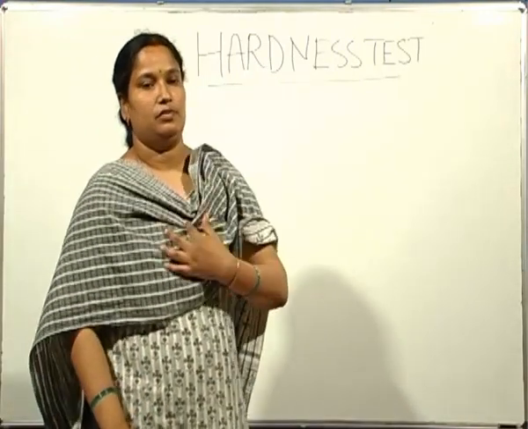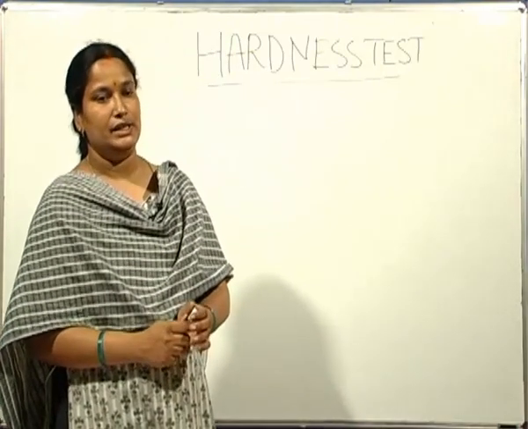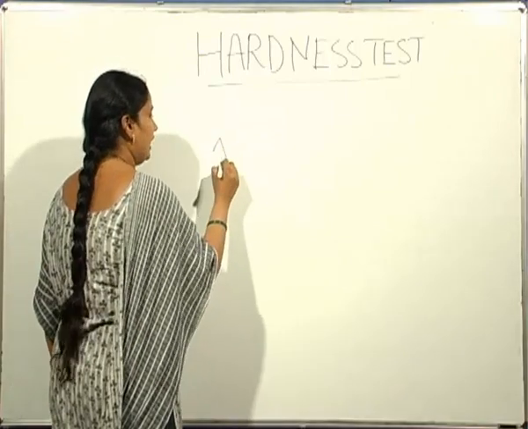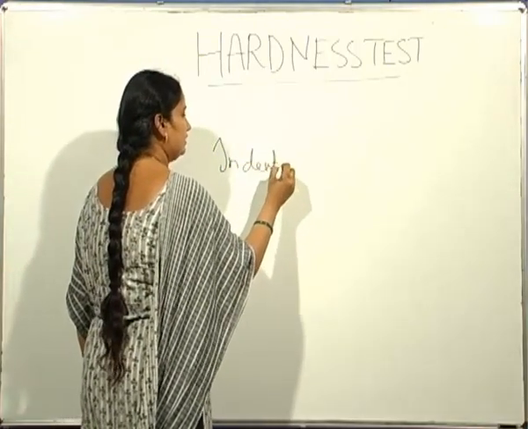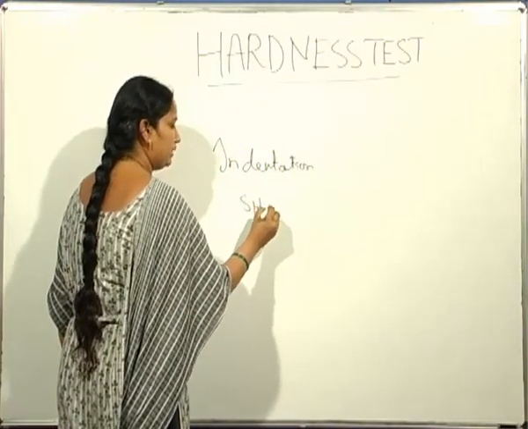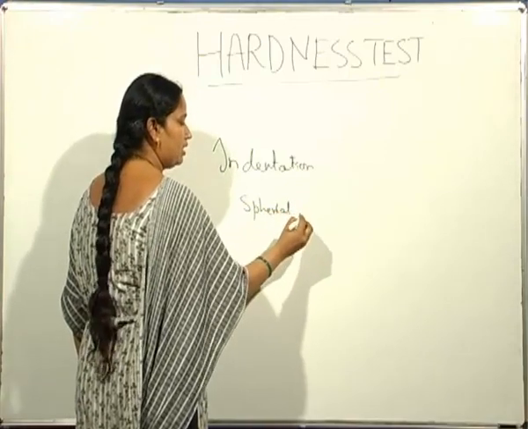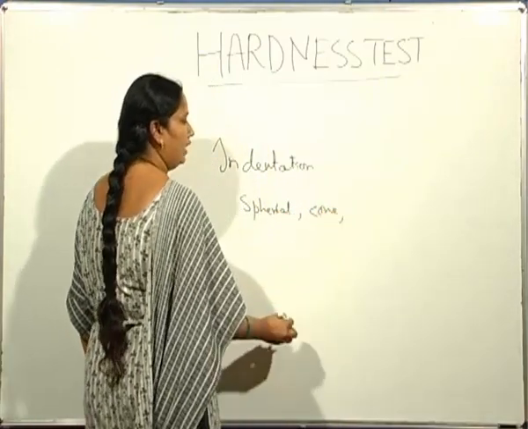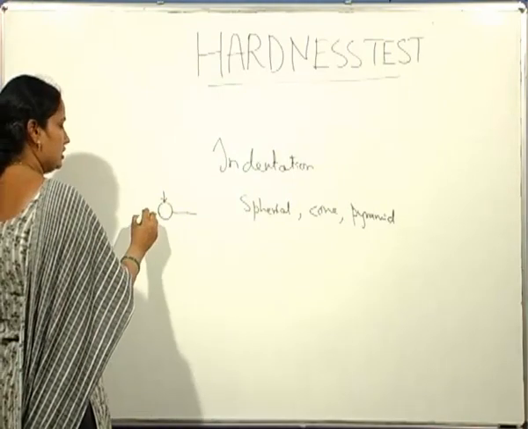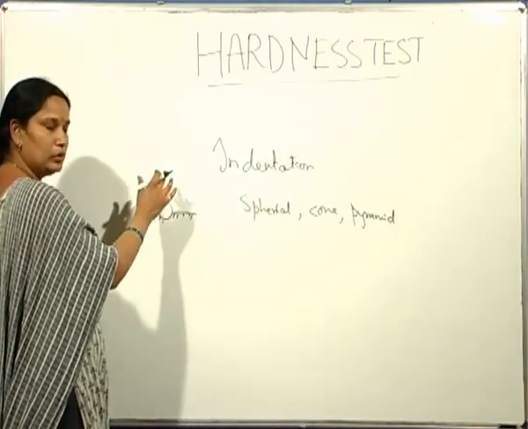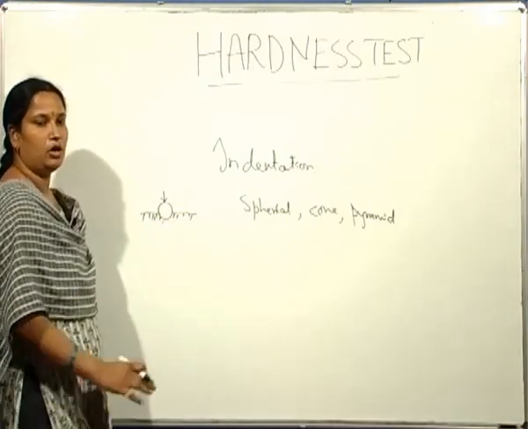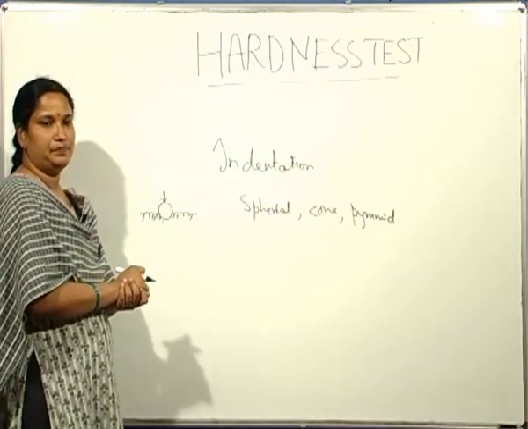The third type of classification of hardness is indentation hardness, where an indenter which is of spherical shape, or cone shaped, or in the shape of a pyramid, is forced under the application of a known constant load onto the surface of the specimen.